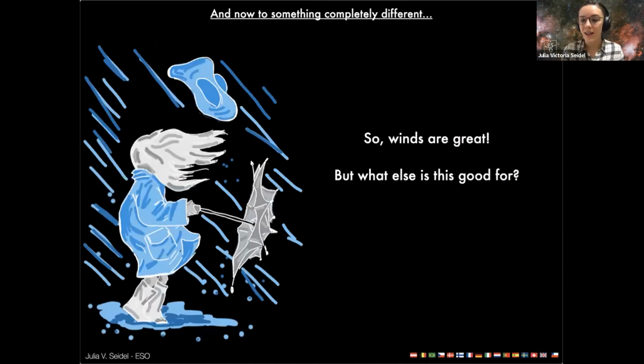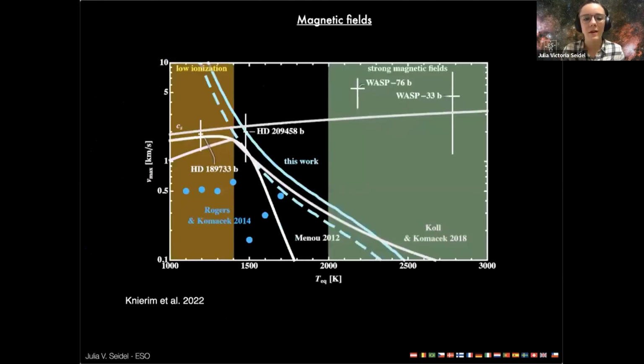So you've heard 25 minutes about winds, very exciting. But what else is this good for? I mean, winds are fun, but science is best when it has more than one application. So very recently, I actually learned about this. I call it a new branch of exoplanet atmospheric physics that tries to understand more about magnetic fields, which is a notoriously hard job and a notoriously underfunded and overlooked job, because we know that nobody likes magnetic fields.